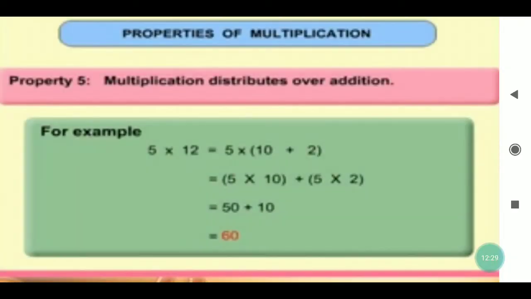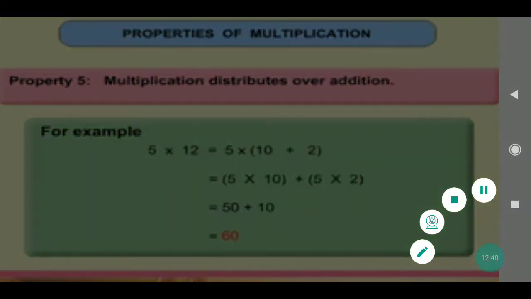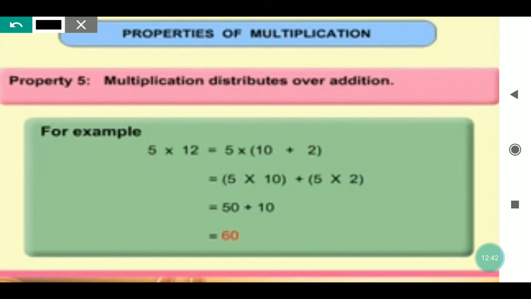After the one property of multiplication, there is the last property which I have with me. That is called the multiplication distributes over addition. What does it mean? Just see. Like you can see, 5 into 12 is written.